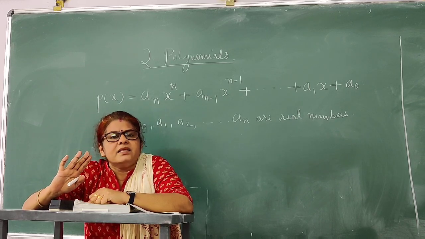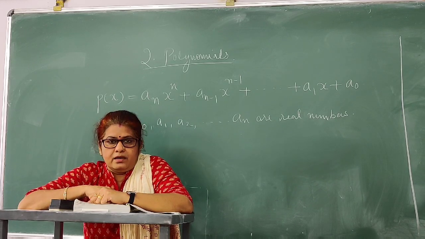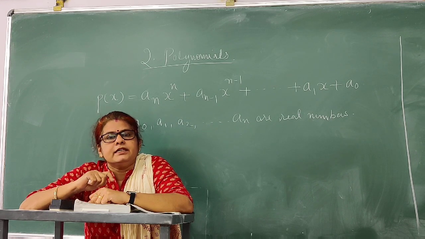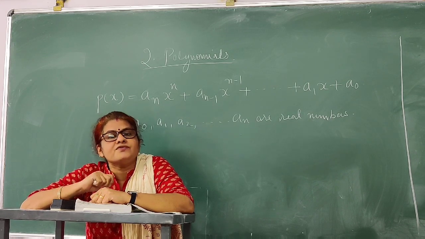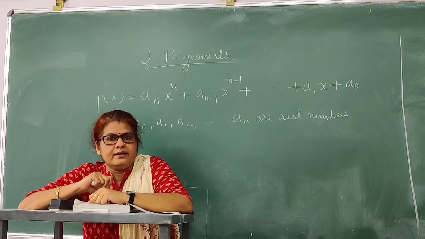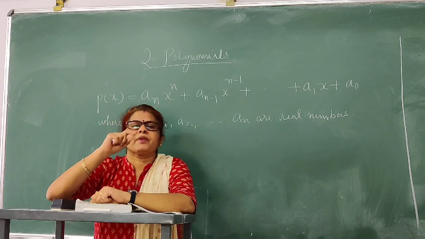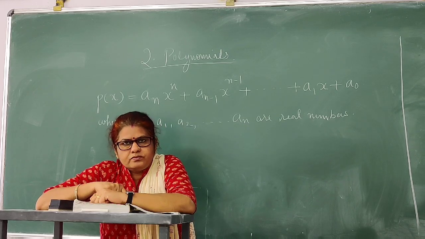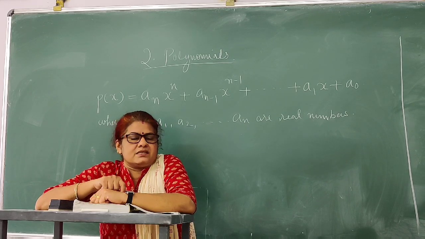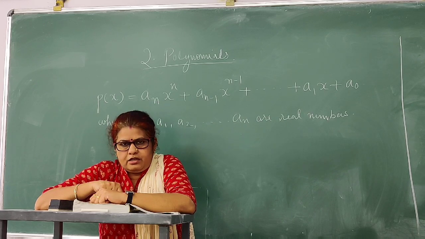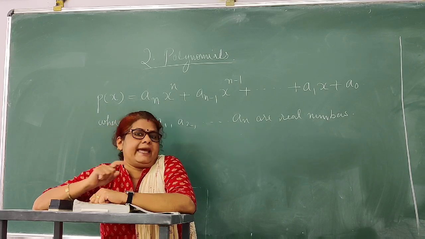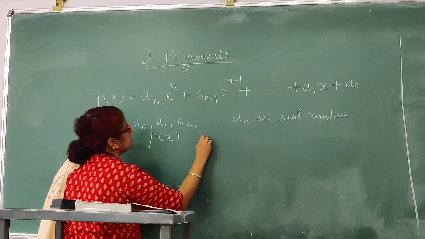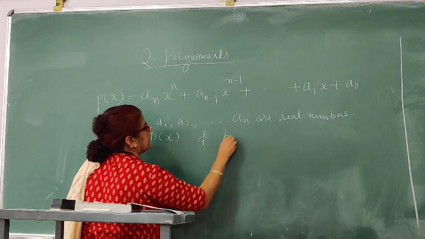Then, the next term, which you have already studied. What do you mean by the zero of a polynomial? And how to find the number of zeros of a polynomial? Okay, let's define the zero. Let p(x) be a polynomial and we consider a real number k.